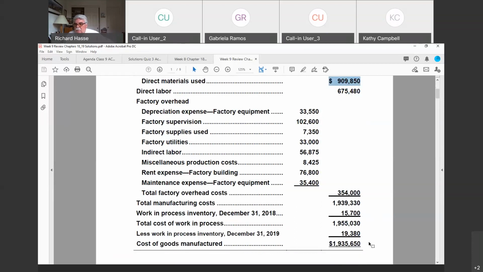Then we can determine what our cost per unit was. Okay, let's say, to keep this simple, we produced 1,935,650 units during this time period. That means it cost us $1 per unit.